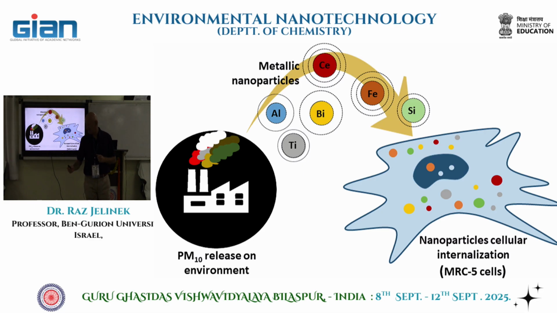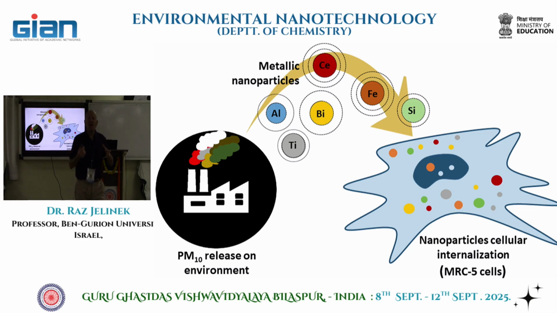Metallic nanoparticles. It may be surprising that we can have metallic particles in the air, like aluminum, titanium, iron, silicon. But such metallic particles can come from various sources. For example, from industrial plants.